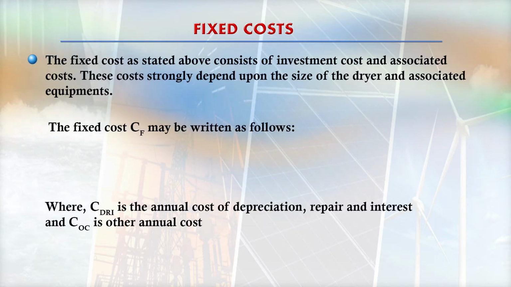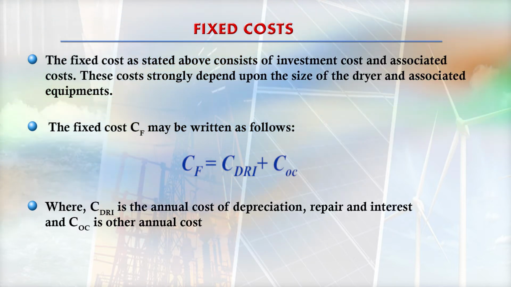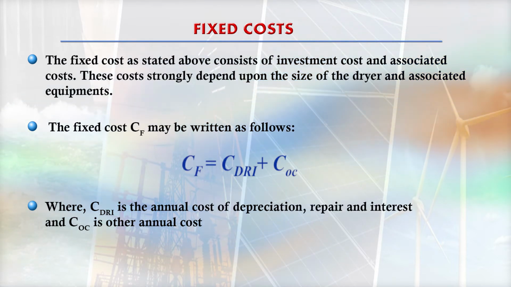The fixed cost consists of investment cost and associated cost. These costs strongly depend upon the size of the dryer and associated equipment. Thus, fixed cost can be calculated as CF equals CDRI, where D stands for depreciation, R stands for repair and I stands for interest, plus COC.